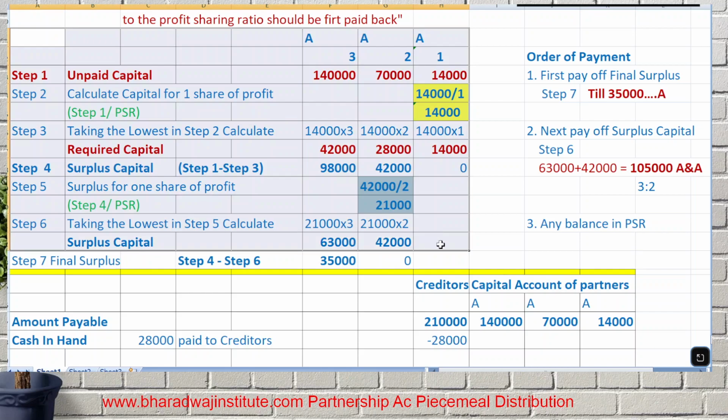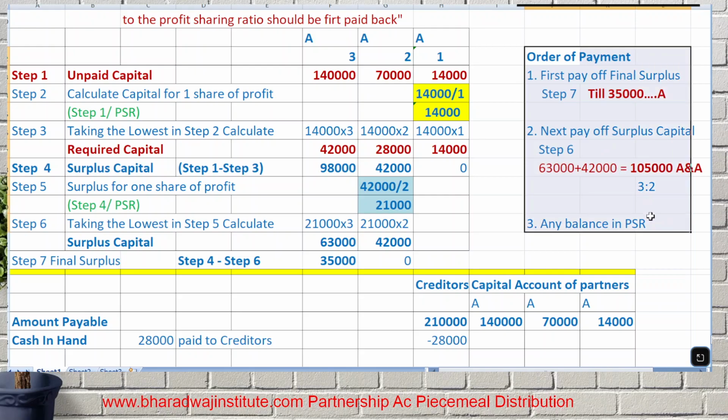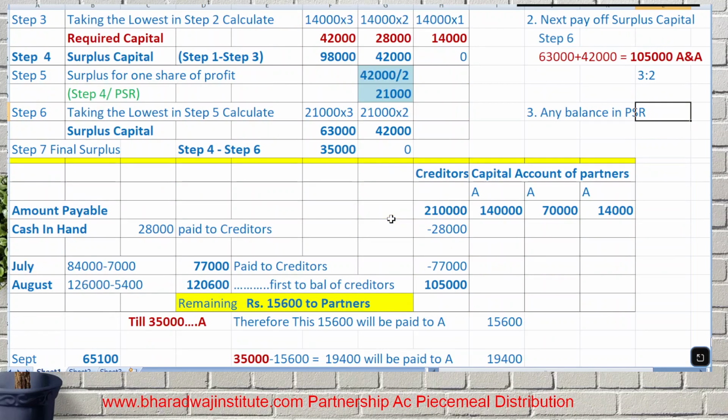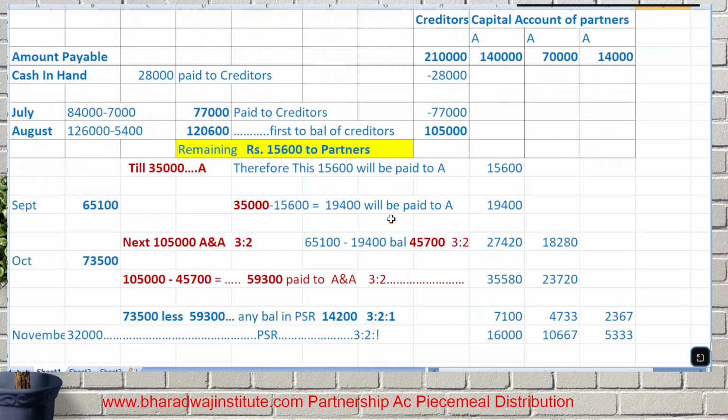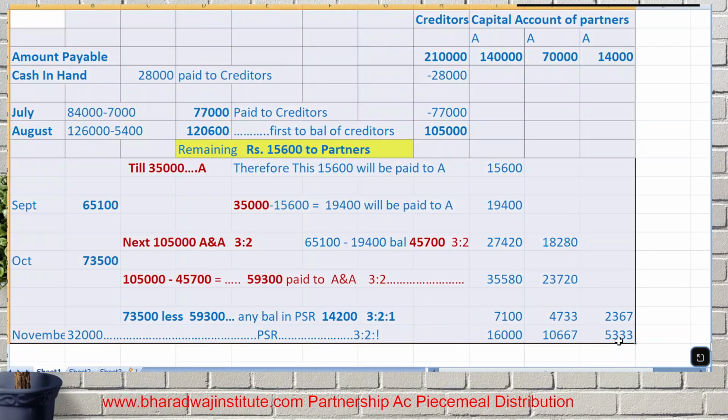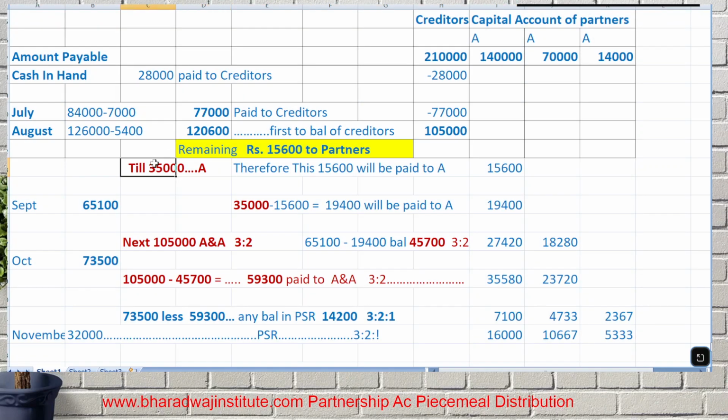Have you copied? This is the order of payment. Shall I scroll down? Till 35,000 it is paid to A, therefore the 15,600 is paid to A only.